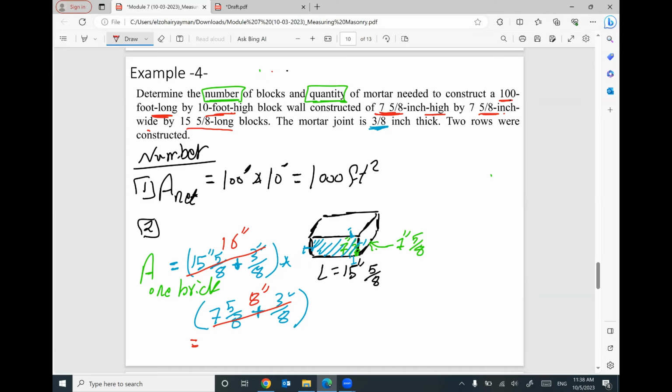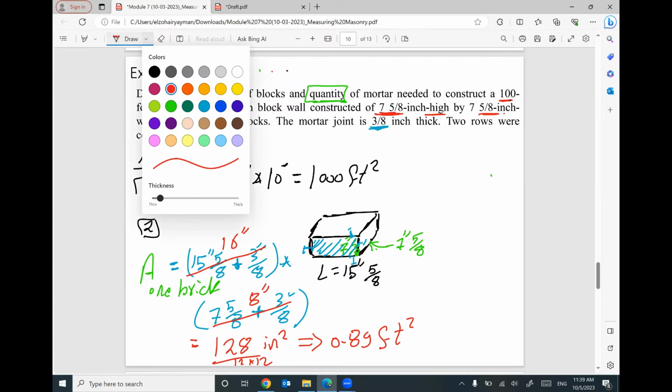So the surface area of one brick will be 16 times 8 equals 128 inch square. I can convert this number to feet square, which equals 0.89 feet square. I divided it by 12 by 12.